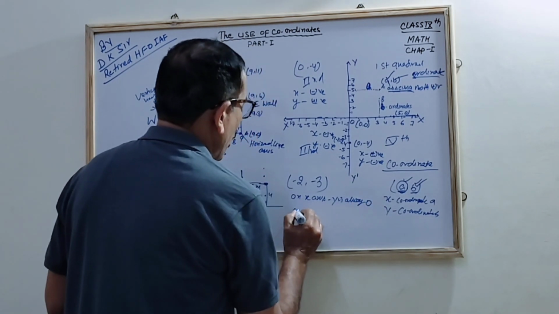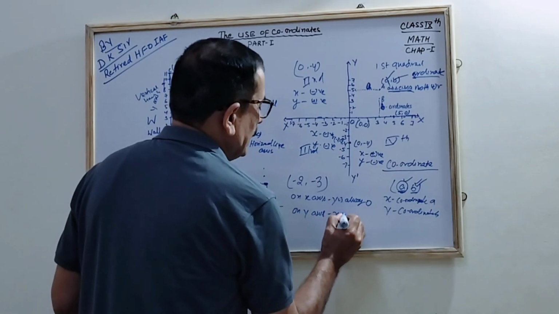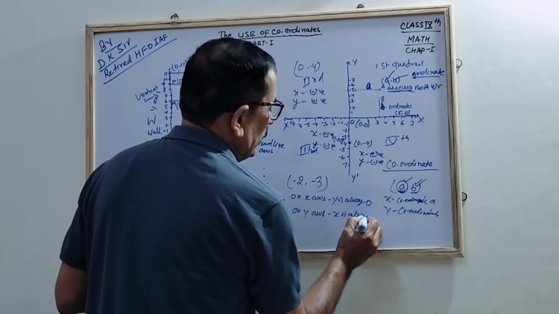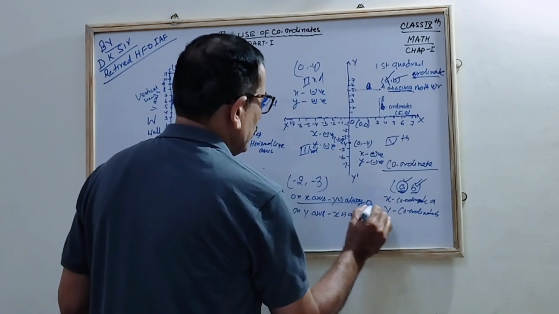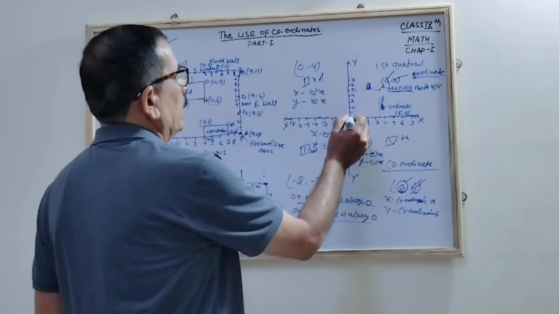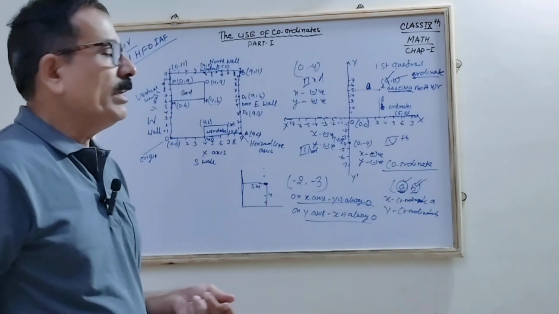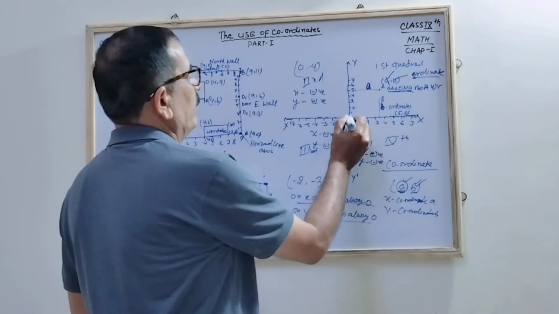And on the y-axis, remember, x is always 0. This you should not forget, correct? The origin is O. Suppose somebody is giving you three verses.